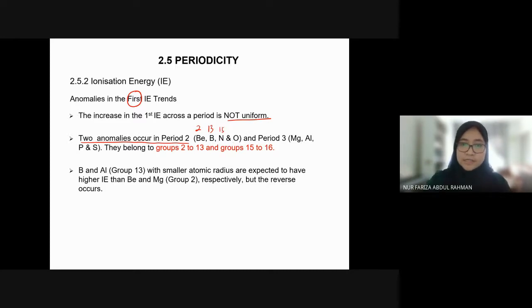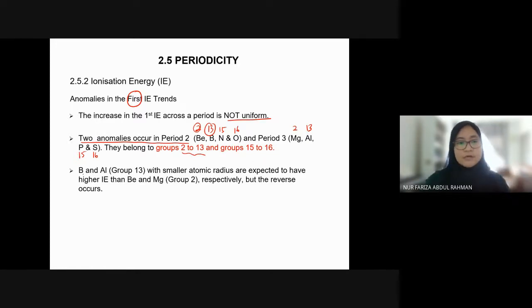So this is 15, this is 16. Also in period 3, magnesium comes from group 2, aluminium comes from group 13. See, it's the same, but they are from a different period. Phosphorus again 15 and 16. Okay, they belong to group 2 and 13 and group 15 to 16.